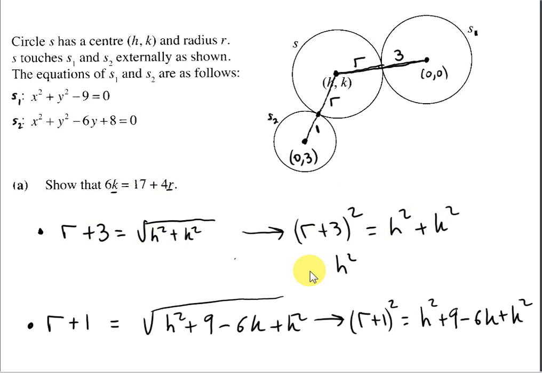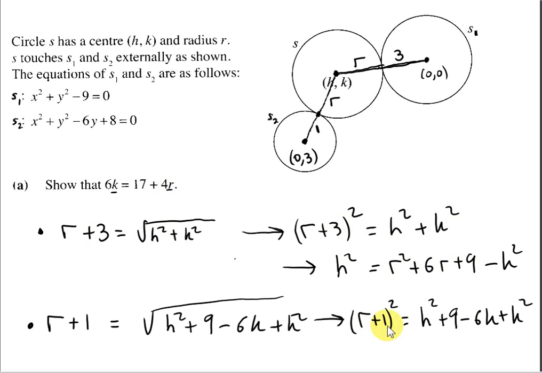Now I'll make h squared the subject of this equation here, and I will also expand out r plus 3 squared. So h squared is going to be r plus 3 squared minus k squared. Squaring this out gives r squared plus 6r plus 9, and we subtract the k squared. So I've shifted the k squared over, and I've also just switched it around to put h squared on the left hand side. I'll do the same here.